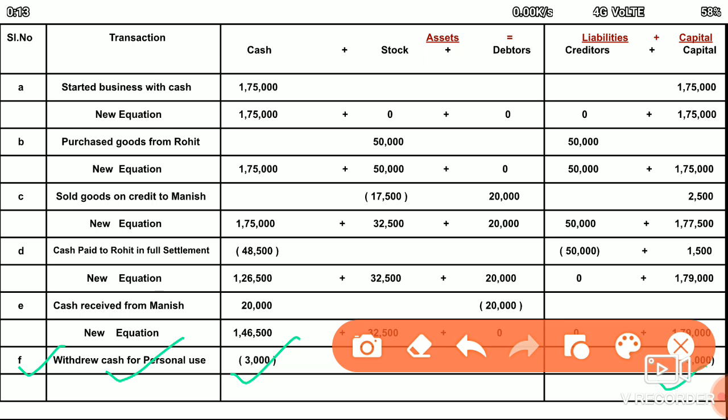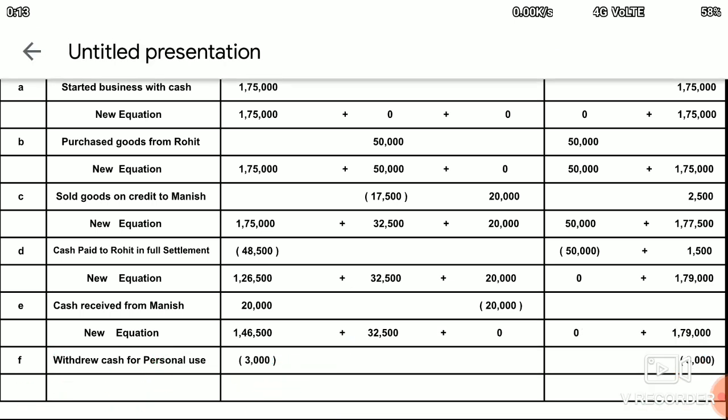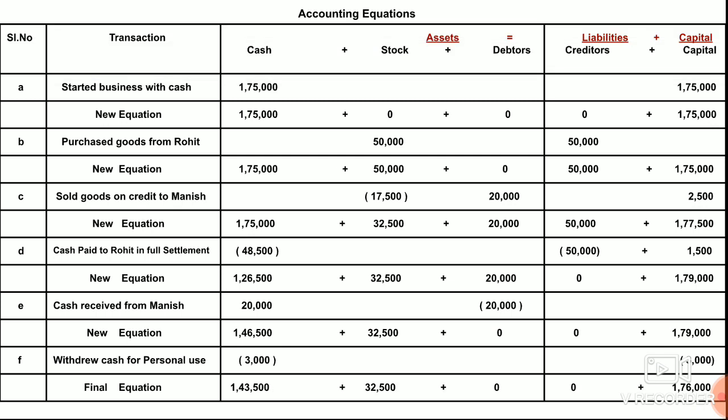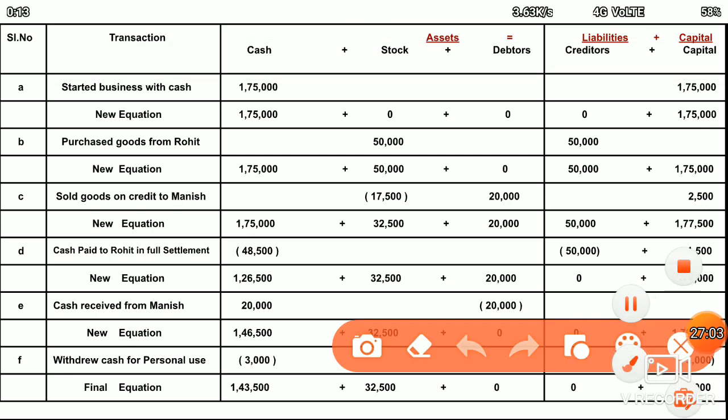So our final equation, because this is our last transaction, will be: the cash balance, before it was 1,46,500. It has decreased by 3,000 rupees. So our new balance will be 1,43,500. And for stock, we have the same balance as 32,500. Debtors 0, creditors 0, and the capital is 1,76,000.